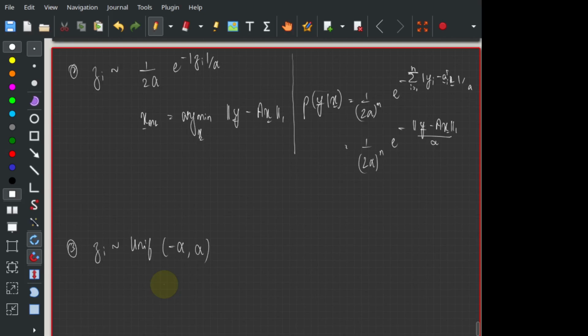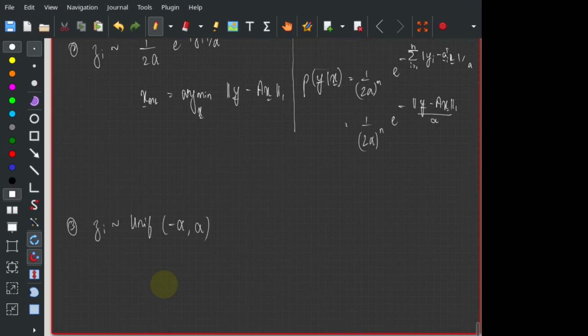Yeah, so there's no unique minimization. That's what you're trying to say. Correct, so it's a constant. So P of y given x is, whatever, it's a constant.